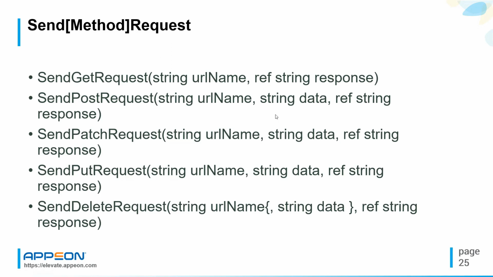But for the other methods, you do have the ability to send data as well, because the other methods do accept data in the request body rather than just in the URL. And then, as with the submit method, there is a string that's being passed in by reference that gets the response from the request.